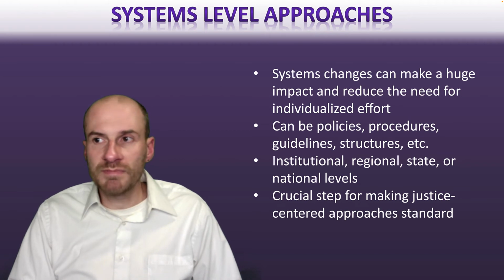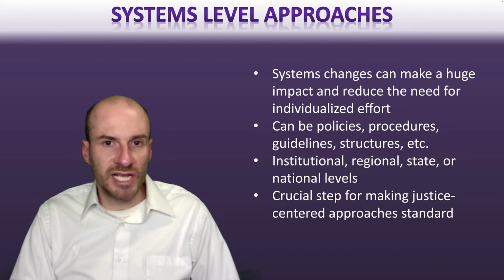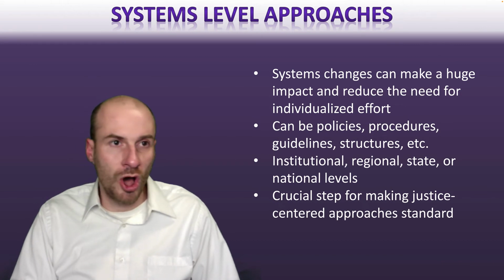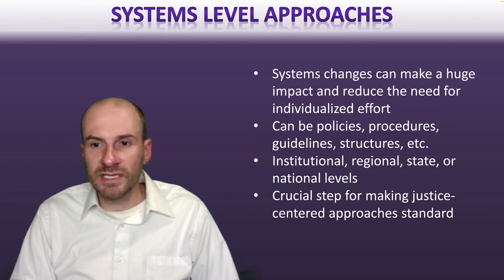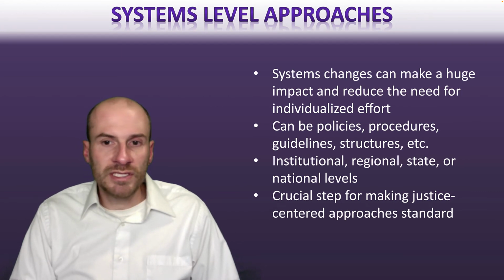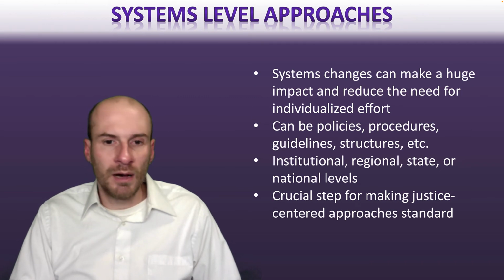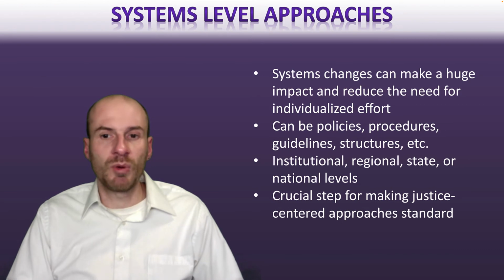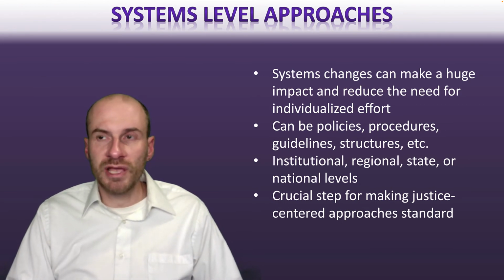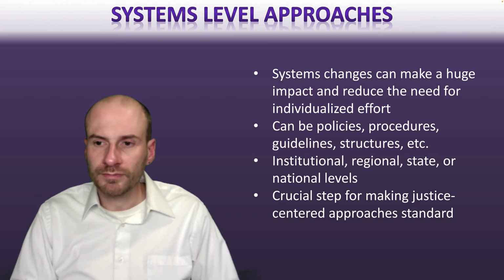Now, sometimes even what seem to be very simple procedural changes, a change in a policy here or a law there, can actually make very big differences for how things are done. These could be policies or procedures, guidelines, structures, etc., but things that change the system in which we're working to essentially make it more fair and make access more equitable.